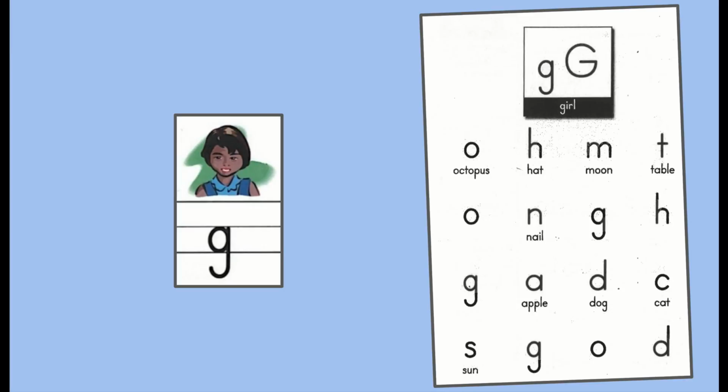If so, you're correct, and that is made by the letter M. D, like dog, made by the letter D. S, like sun, made by the letter S. One more. T, like table, made by the letter T.